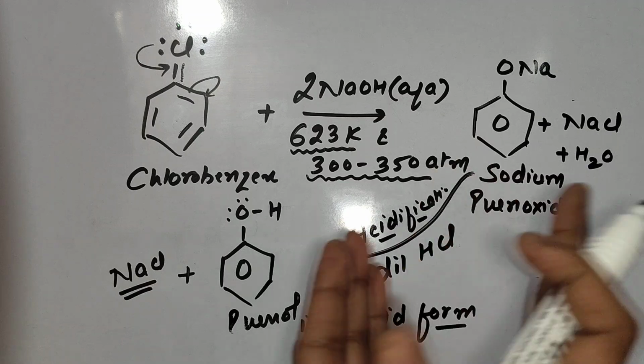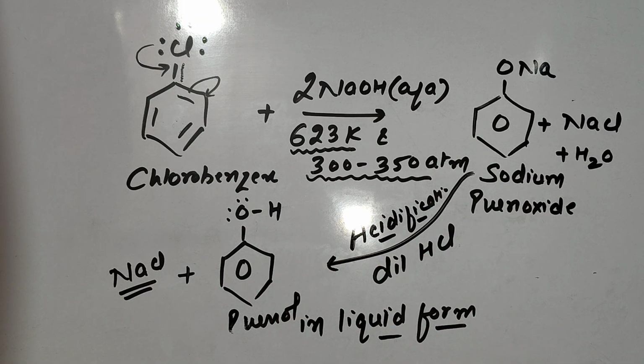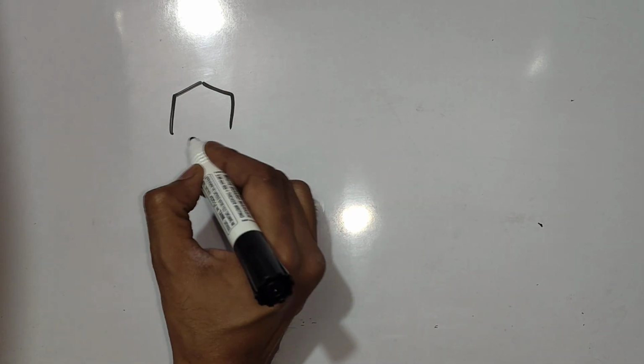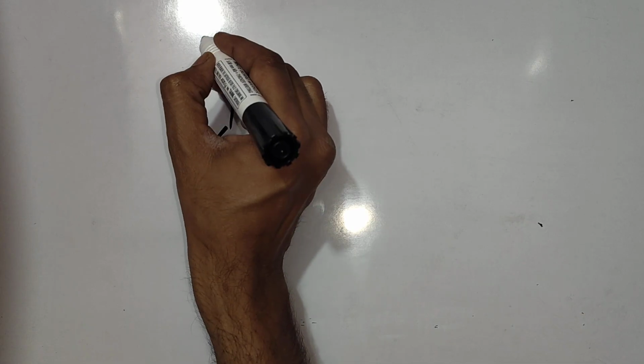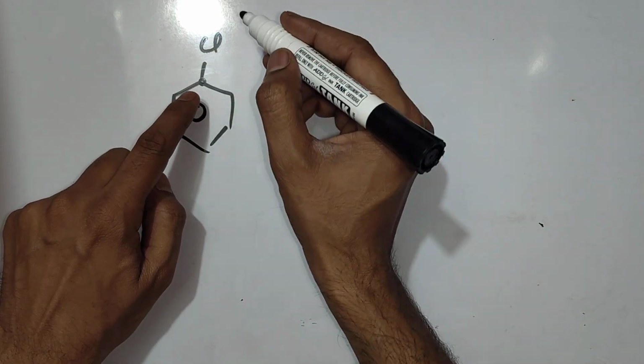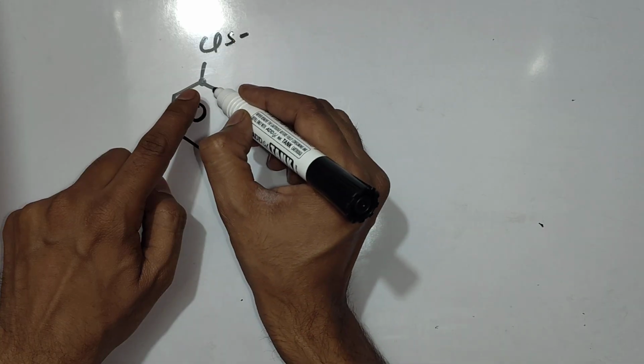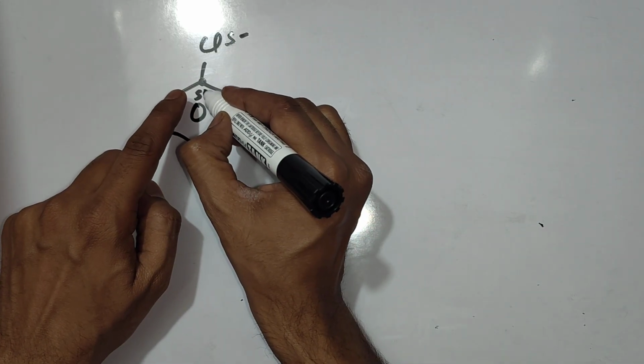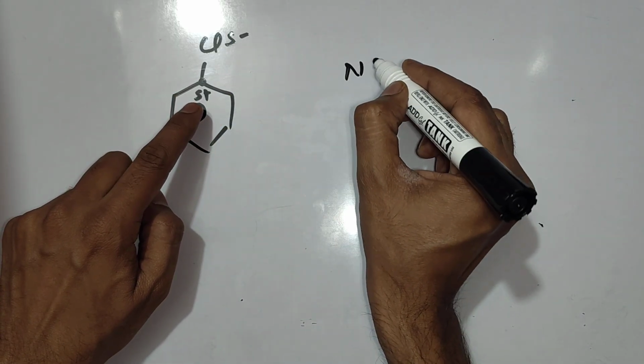Okay, now let's understand this reaction in a simple fashion. How can we understand it? It's not the mechanism, but a way to learn it. In chlorobenzene, between carbon and chlorine, chlorine is more electronegative, so it carries a partial negative charge, and this carbon carries a partial positive charge.